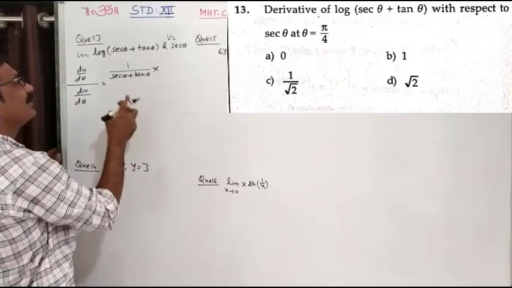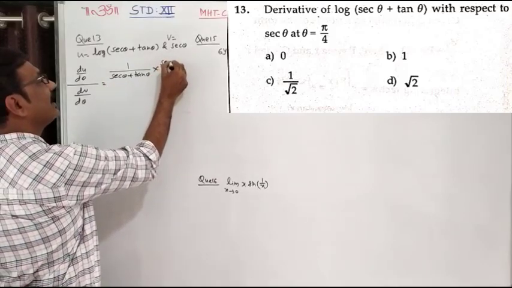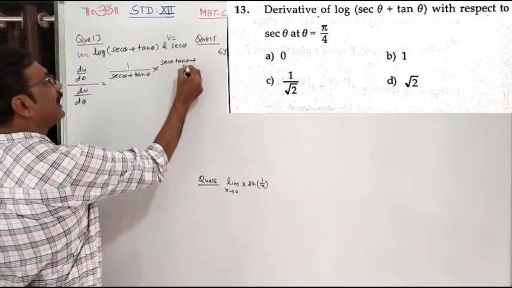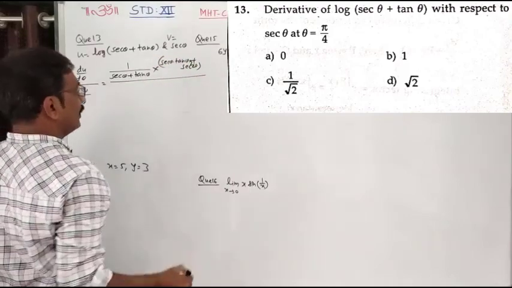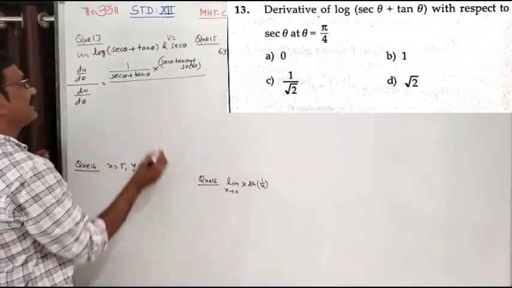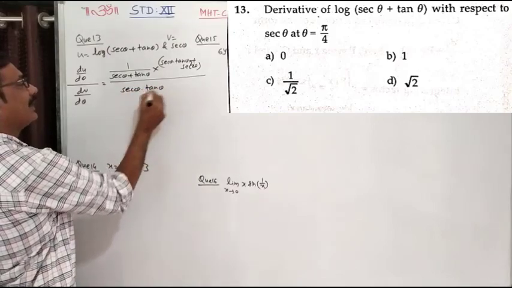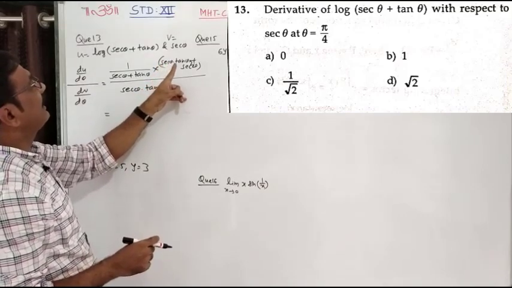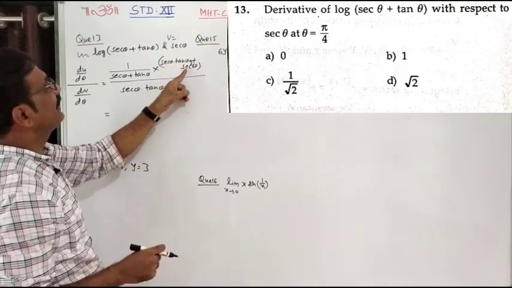Into, by chain rule, derivative of this. What is the derivative of sec? Sec theta tan theta plus derivative of tan is sec square theta. Now derivative of sec theta is sec into tan. See what happens. You can take sec theta as common here.